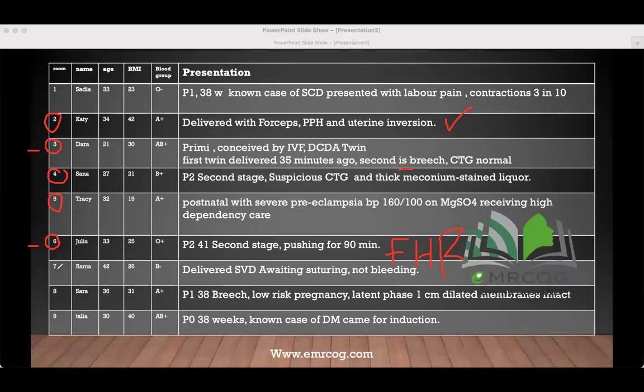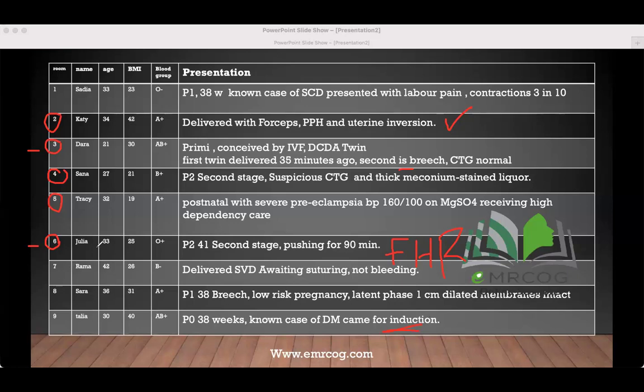For example, for a known case of diabetes coming for induction, if I said this is an urgent or semi-urgent case, this is wrong. It is a clear wrong.